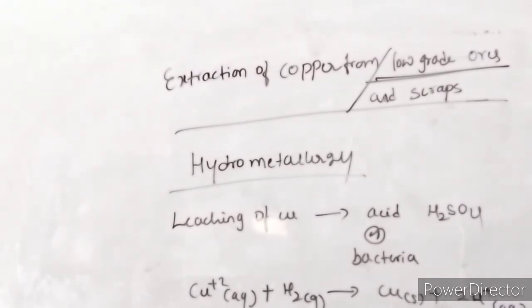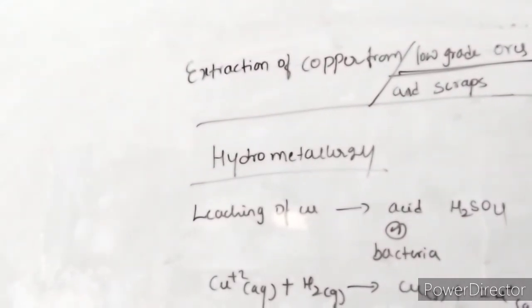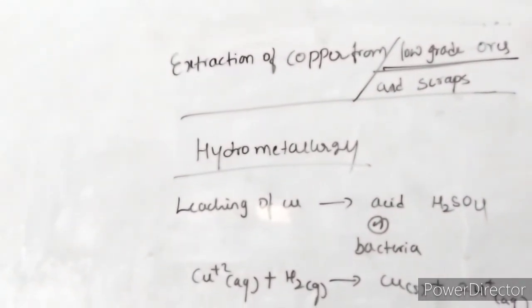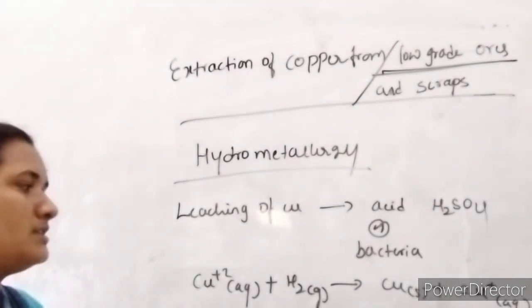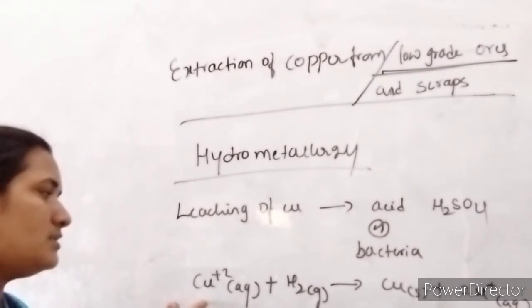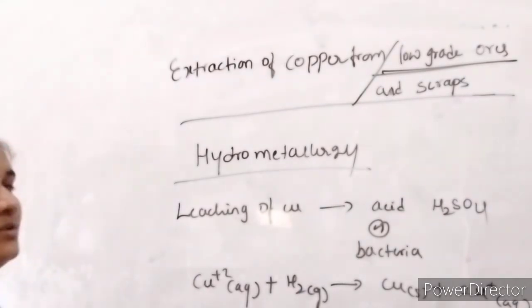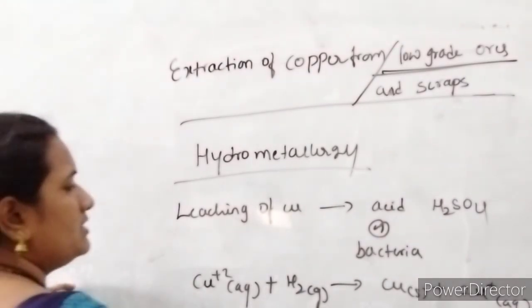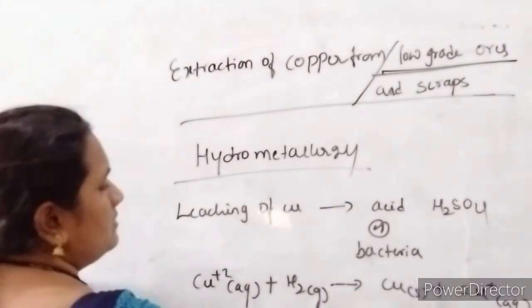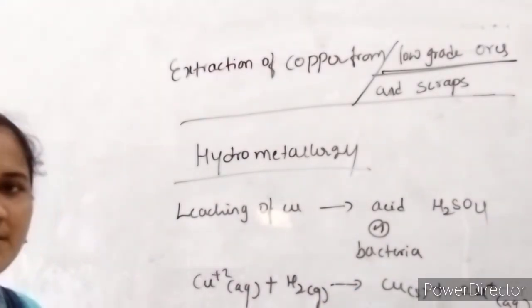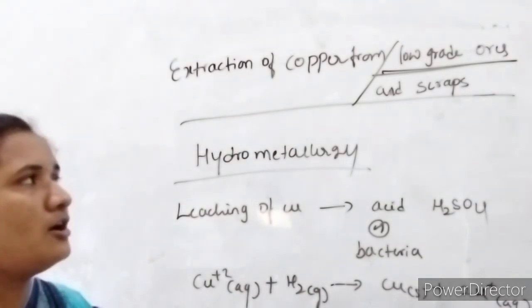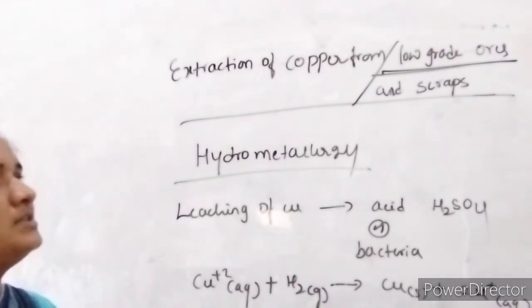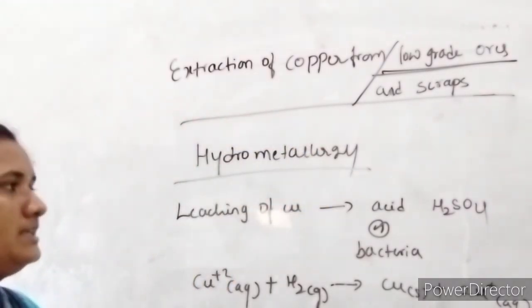So during leaching we use either acid or bacteria. Further, this solution undergoes the process and we get the formation of metallic copper. In this simple process, we extract the copper from low grade ores or by using scraps.